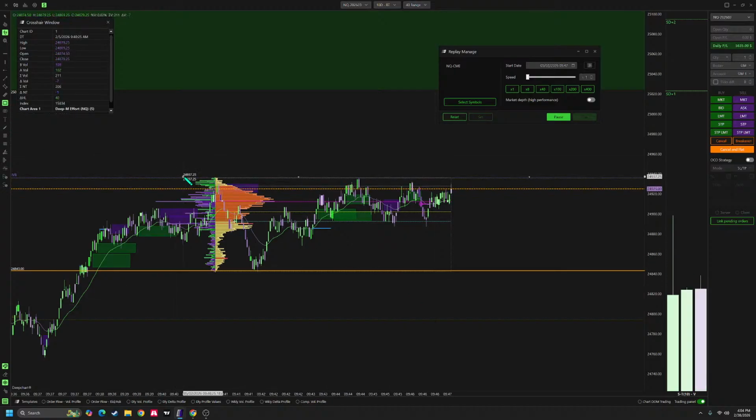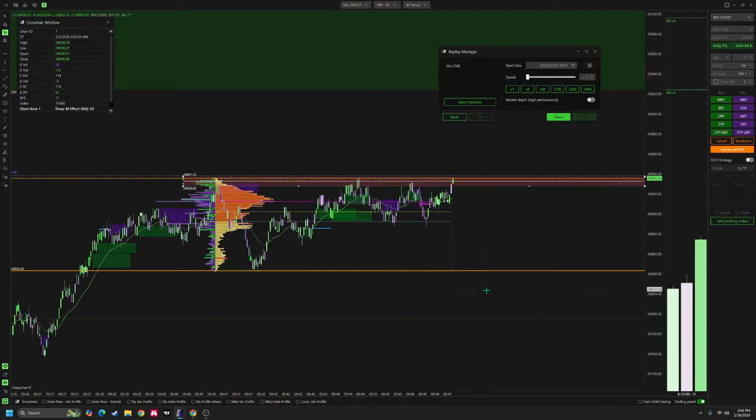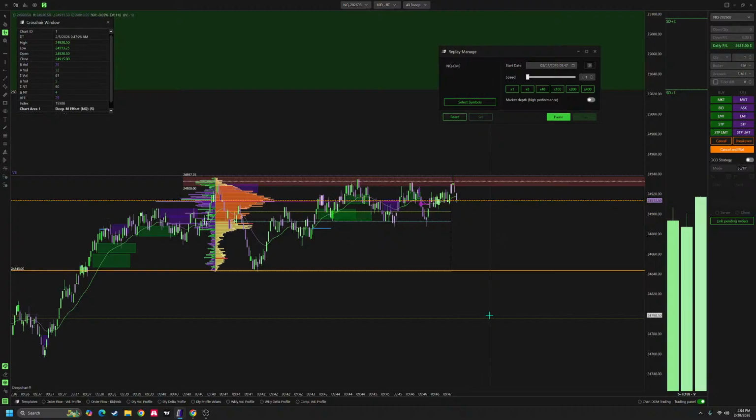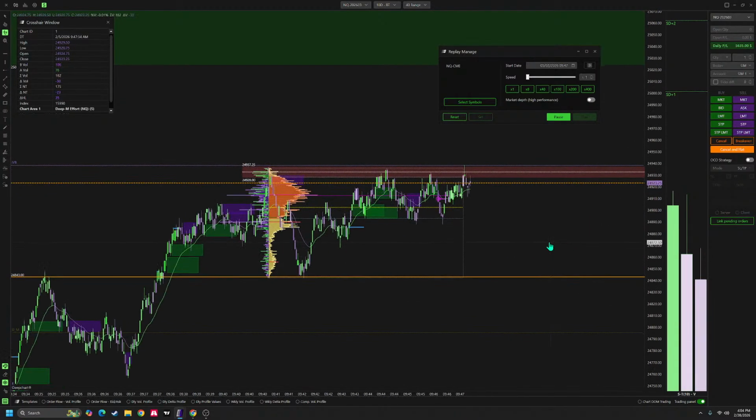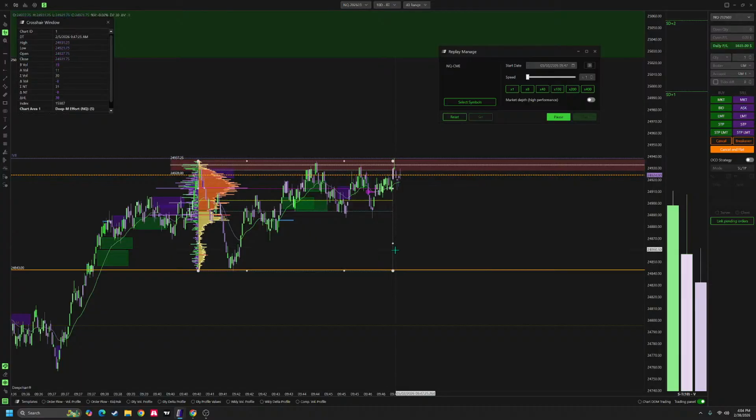Sellers really stepped in right here. It's going to take a lot of effort to get through there. That might be the top for the day. We'll see.